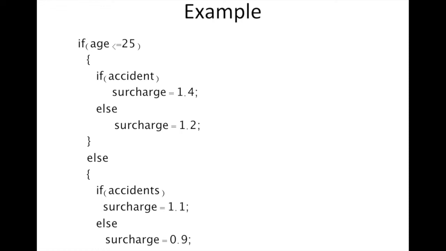If the age is over 25, it executes the statement inside the else statement, which also has an if and an else. This would be an example of a nested if-else statement.